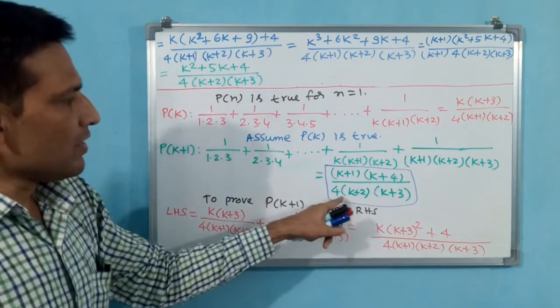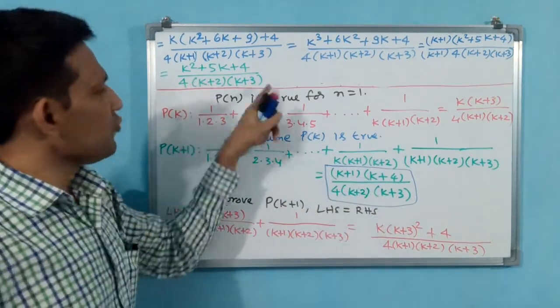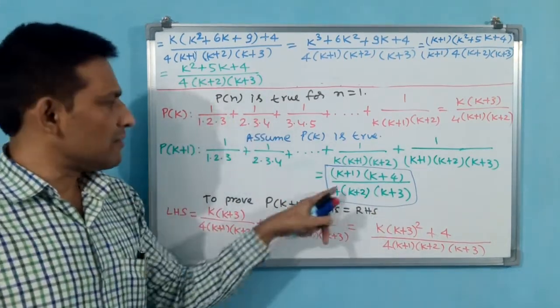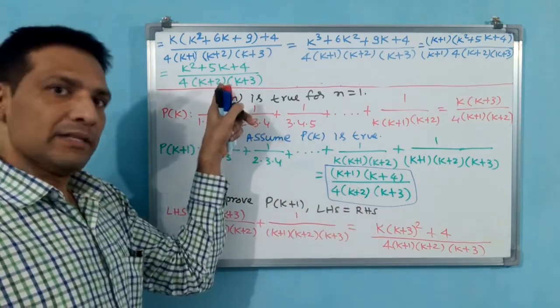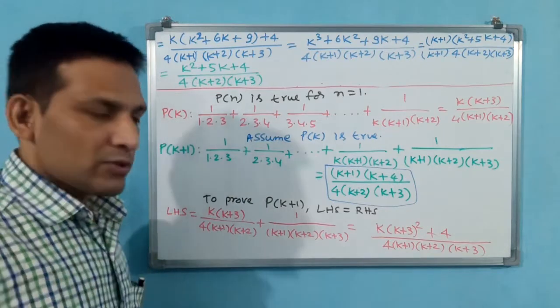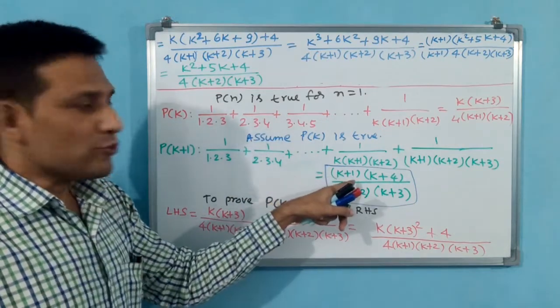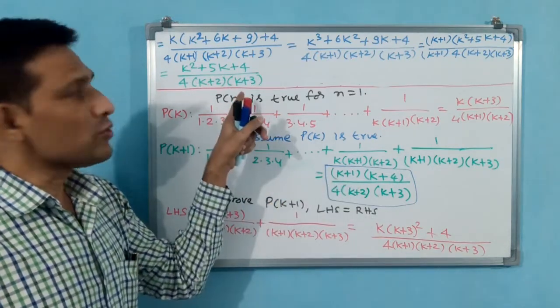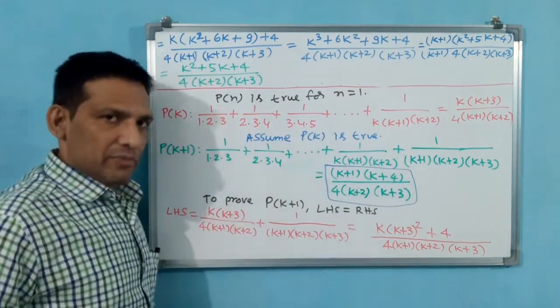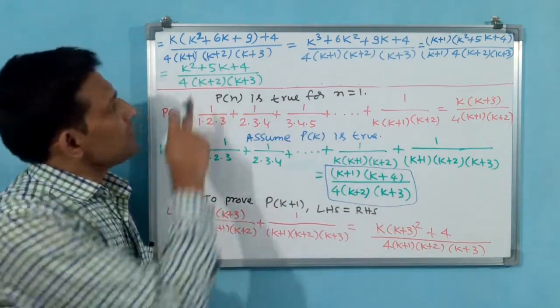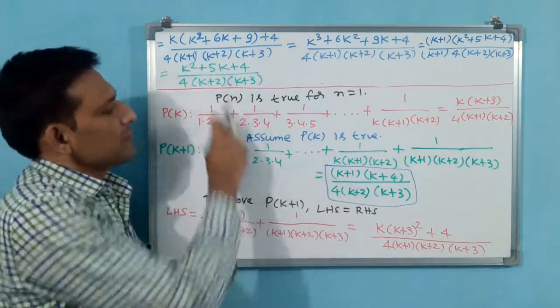Again you compare 4 into k plus 2 into k plus 3. Numerator you should not do anything. Why? Because denominator has matched RHS. Whatever you want to do, you do numerator only. Denominator you don't do anything. See, numerator has to come k plus 1 into k plus 4. Simply you observe, is it k plus 1 into k plus 4?